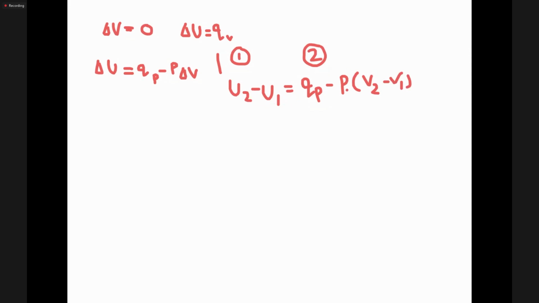So if we rearrange, this minus P V2 will come to this side as plus P V2, and this minus U1 will go to this side as plus U1. And this minus will eventually yield plus P V1. So on rearrangement of this equation we have U2 plus P V2 is equal to QP plus U1 plus P V1.